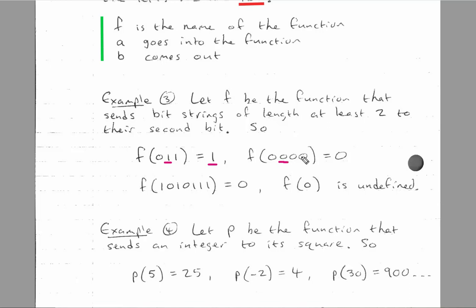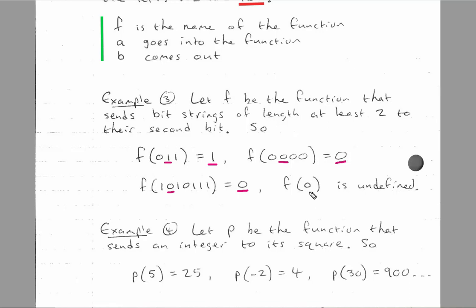And the second bit is 1, so this function returns 1. For the string of length 4, the second bit is 0. This is just an example; there's no reason why we're picking the second bit. This string has length 7, so that's a good input. But this string has only length 1, so that's not a good input.